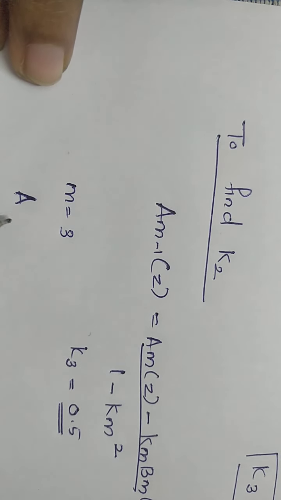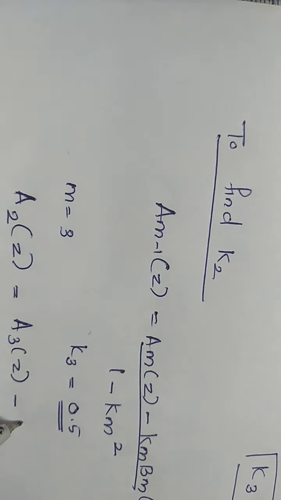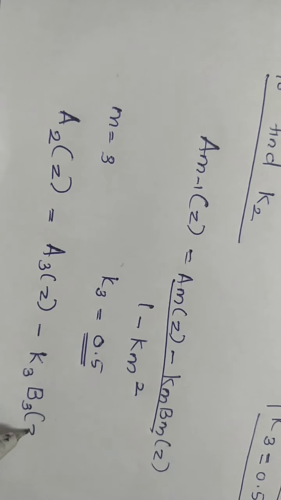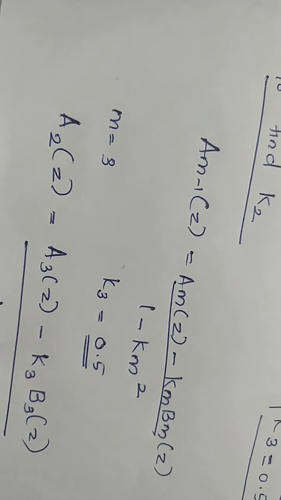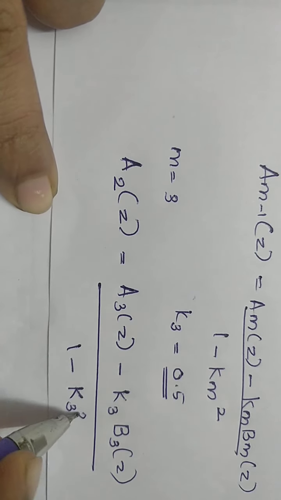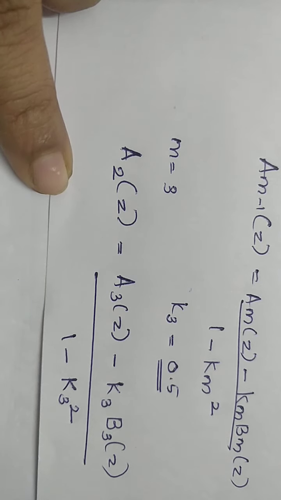So Am minus 1 means A2 of z is equal to A3 of z minus K3 B3 of z by 1 minus K3 square. This is the equation for finding out A2 of z.